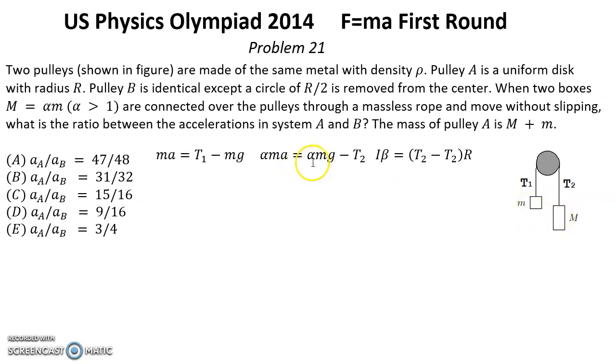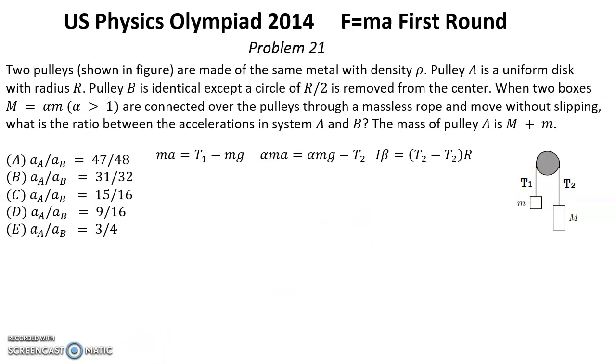The big mass equals alpha small m. The third equation is for the rotational motion of our pulley: I, that's the moment of inertia, beta is the angular acceleration, and this is the torque from these two forces.